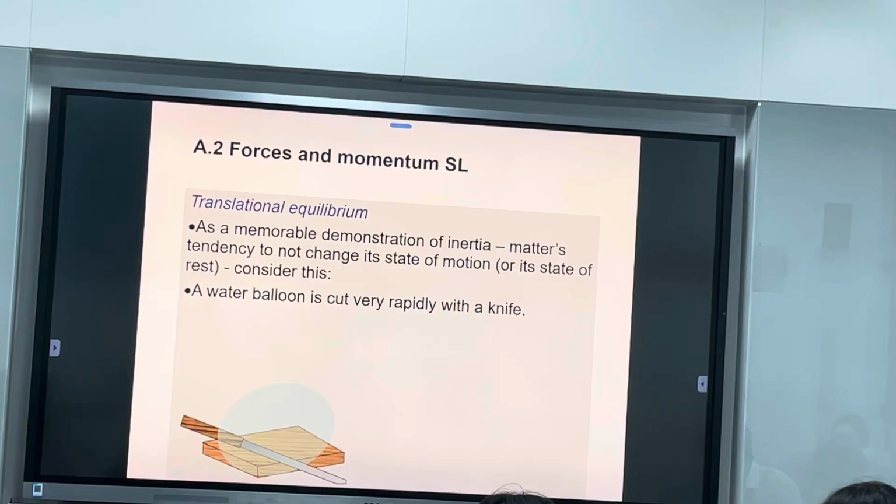Who has a coin? Coins. I have a coin here. Alright?